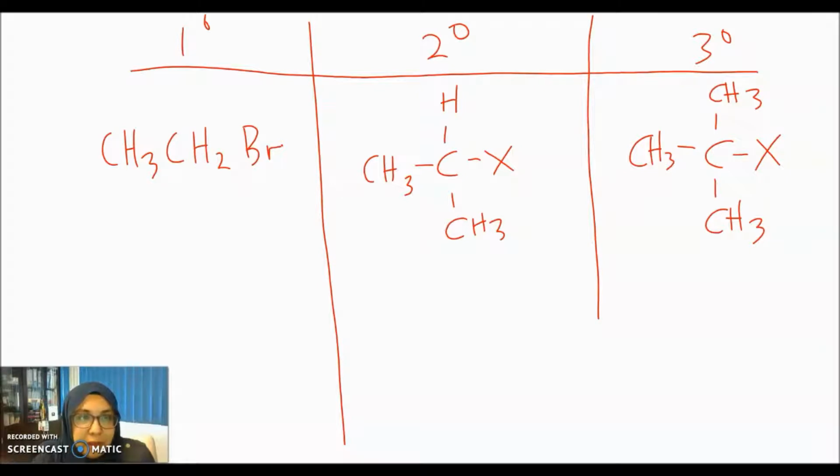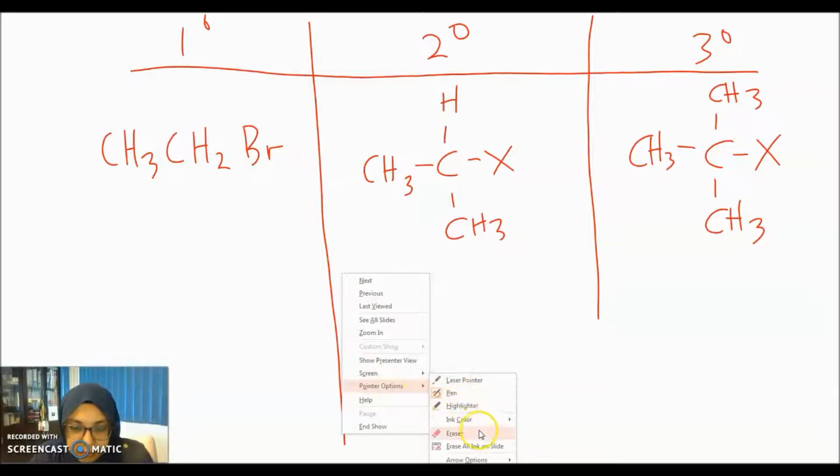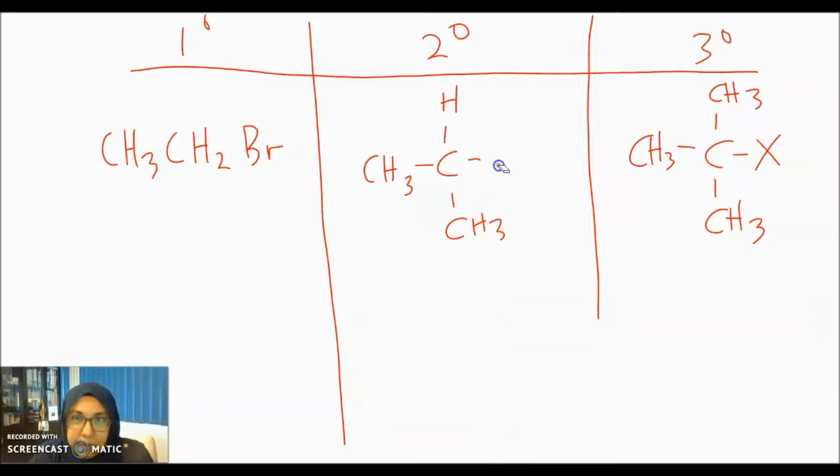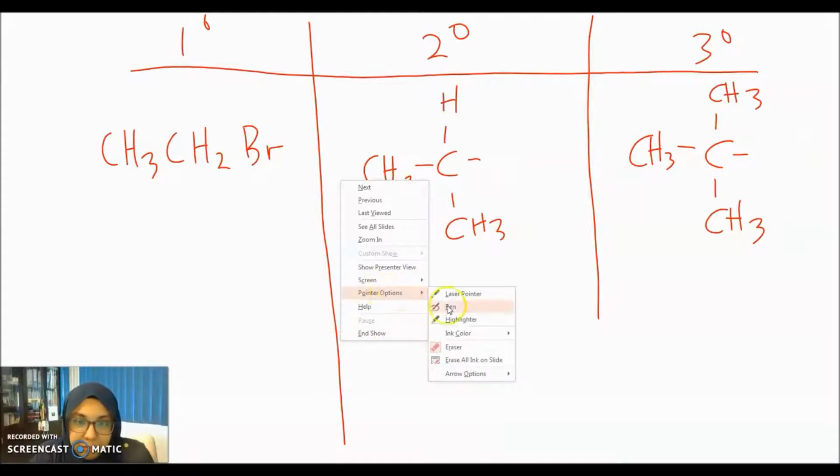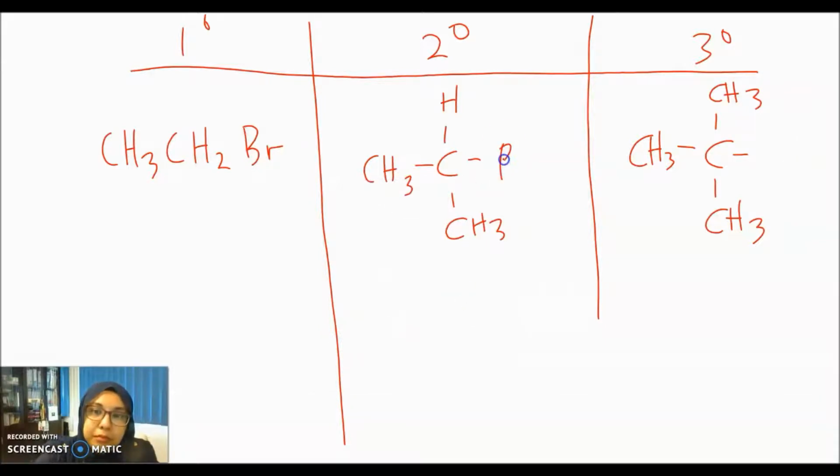For example, the primary, you can see the carbon that is attached to the halogen atom. I'll make all of this bromine so that you will see it instead of having X. So you see the carbon attached to the bromine atom has 2 hydrogen.